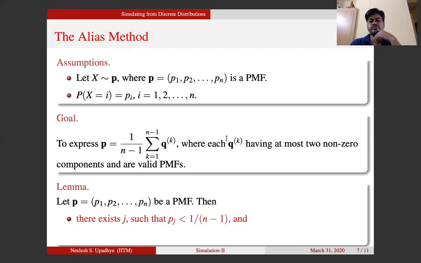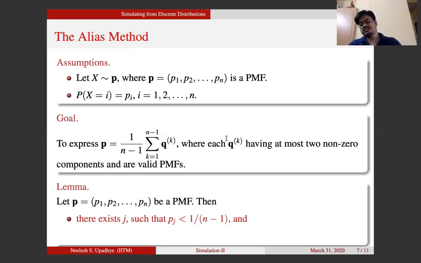If I sum over all these j's, what will I get? n upon n minus 1. So the summation over pj's is greater than or equal to n upon n minus 1, and as you can see, n upon n minus 1 is greater than 1. Therefore, the summation over pj's cannot be greater than 1, and hence this leads to a contradiction. Therefore, there exists a j such that pj is less than 1 upon n minus 1.